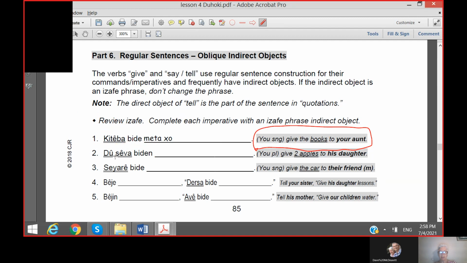Give is bida. And to your aunt. You could also say, give your aunt the books. So met is one of the ways to say aunt. And you're going to say mataho instead of matata because you and your are the same people. You and your refer to the same person, and so you have to use the reflexive pronoun.